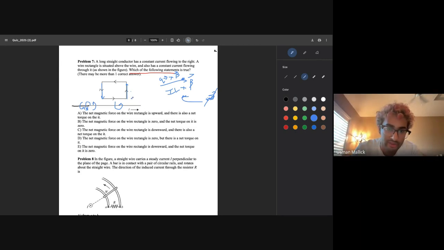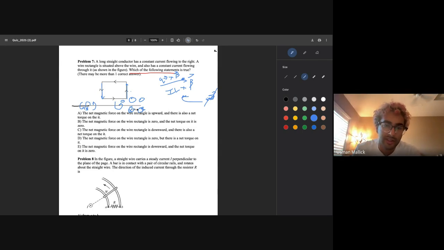So you're going to have out of the page lines here and into the page lines here. I was always told to put circles around them. I don't really know. Actually, that's so untrue. I'm such a notation fanatic, but not about this thing.